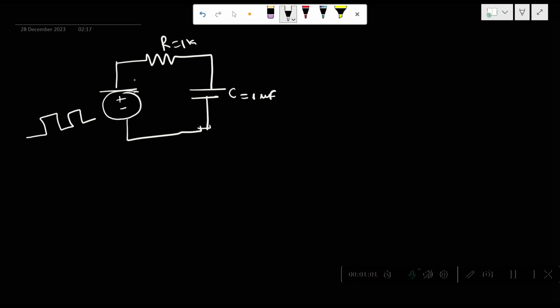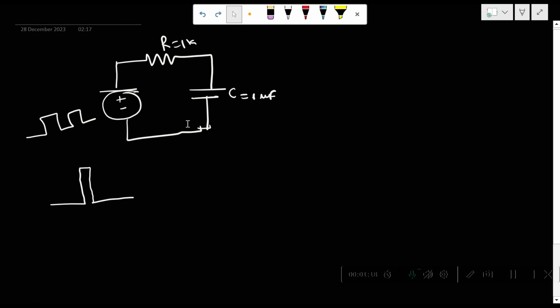Now the input signal we are trying to give is T on is 0.1 and T off is 10. So the period is 10.1. It would look like this, and so on. It will keep going.